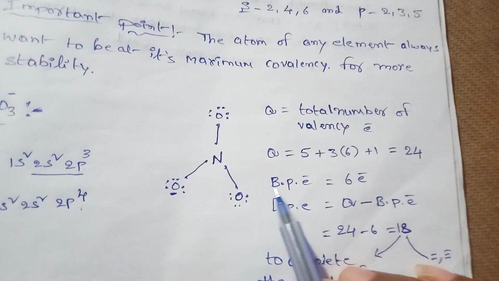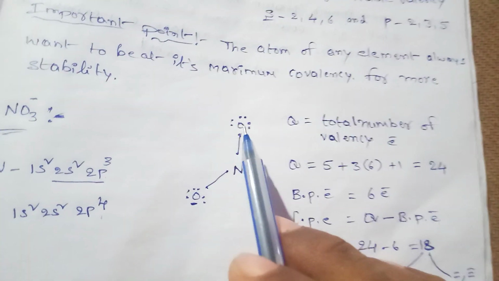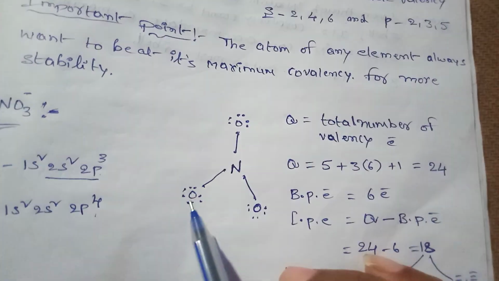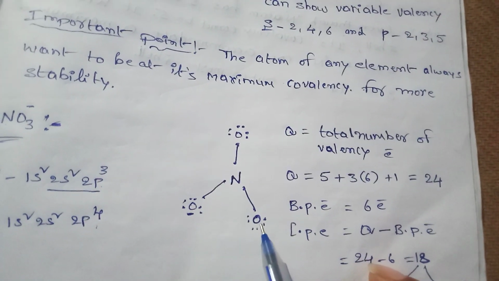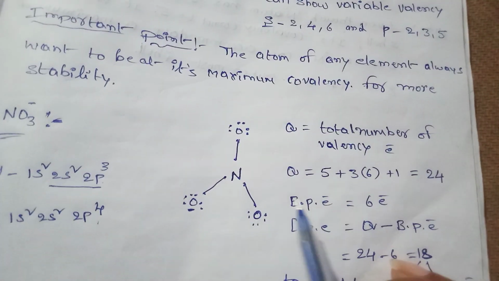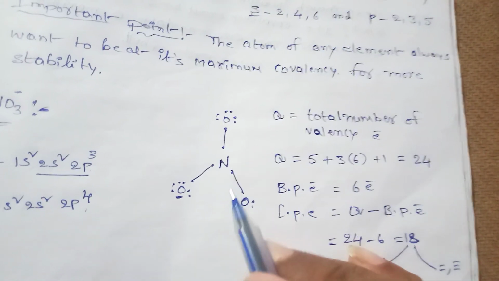And next, bond pair electrons. As nitrogen is the central atom and oxygen are the surrounding atoms, first form single bonds from each oxygen to the nitrogen. Remember, each bond contains 2 electrons.